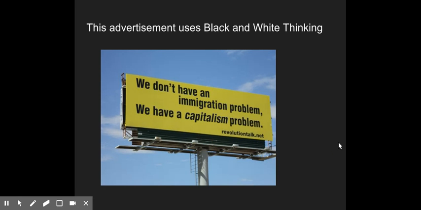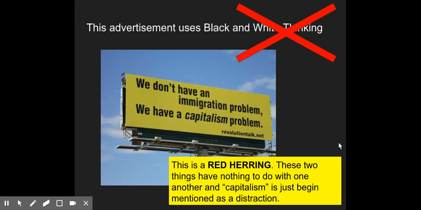Is this black and white thinking? No, this is not black and white thinking. It is a logical fallacy, though, and it would be red herring. So we're talking about immigration, and all of a sudden you start talking about capitalism. It is a distractor, and it's not appropriate for the conversation.